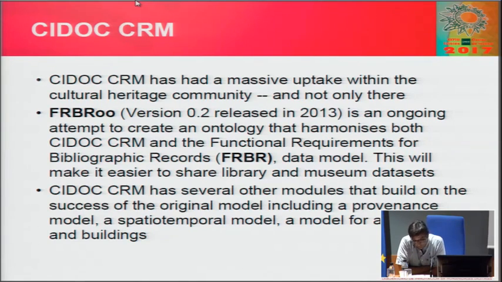The intention is to make it easier to share both library and museum datasets. And in addition, CIDOC CRM has several other modules that build on the success of the original core model, including a provenance model, a spatio-temporal model, as well as a model for archaeology and buildings, and there are several others as well.